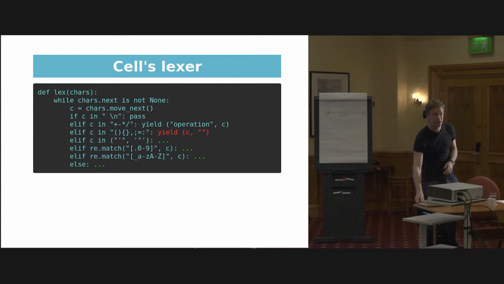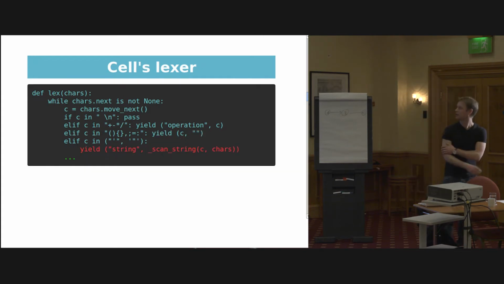So next we get to the more interesting things, like a string. If we find a single quote or a double quote, we know we're going to be lexing a string. So we call, again, we yield a token of type string, but this string is going to consist of multiple characters.